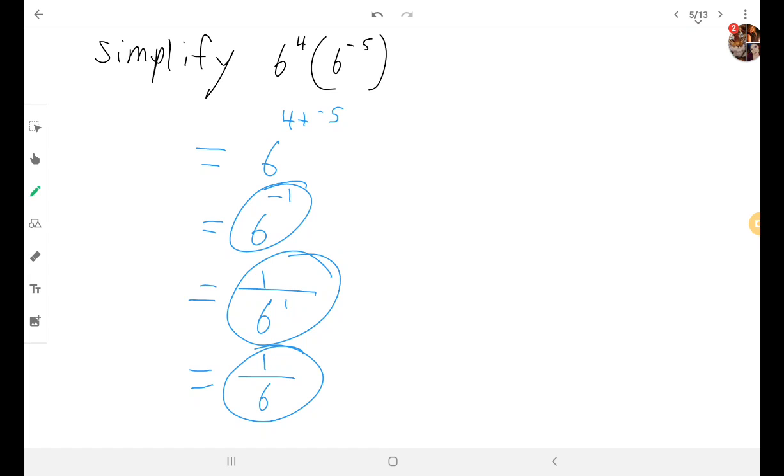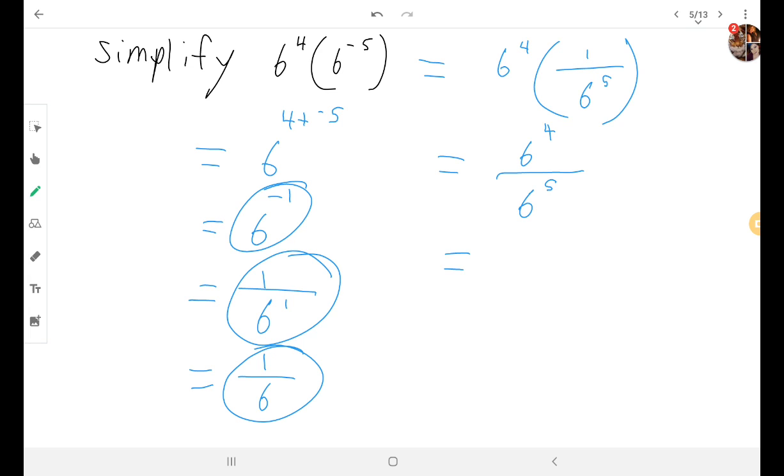Okay, and the reason this works is because this is like saying 6 to the fourth times what this means, which is 1 over 6 to the fifth, which when you multiply those two, you get 6 to the fourth times 1 is 6 to the fourth over 6 to the fifth.